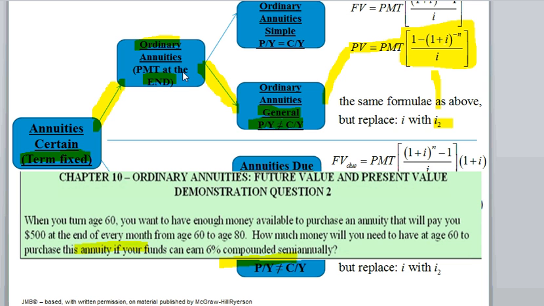And there are 12 payments per year, but 2 compounding periods per year. So in other words, P/Y is not equal to C/Y. That's going to be general. So for an ordinary general annuity, the formula for present value is given by this formula, and we have to replace those two i's in here with I sub 2.